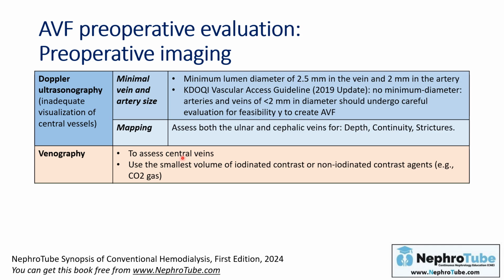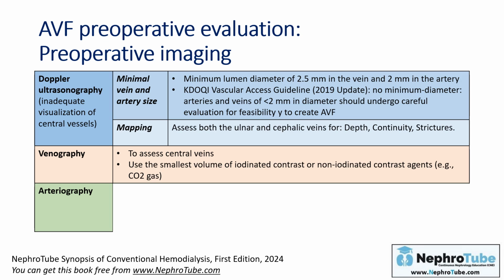So you fear that the use of this contrast for evaluation of the veins may precipitate more deterioration of the kidney function, and the patient may reach dialysis. So it is recommended to use in these patients the smallest volume of iodinated contrast material, or use a non-iodinated contrast agent as carbon dioxide venography, and this is commonly used nowadays.